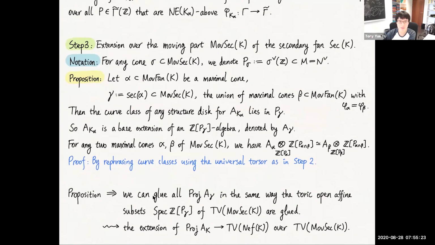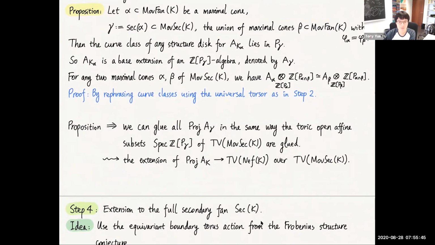And by this comparison, it gives us a way to glue all the Proj of all different mirror algebras in the same way as we glue toric open affine subsets of the base toric variety.